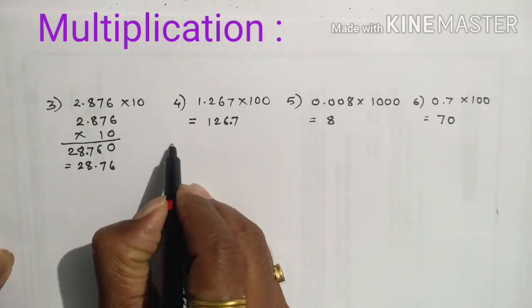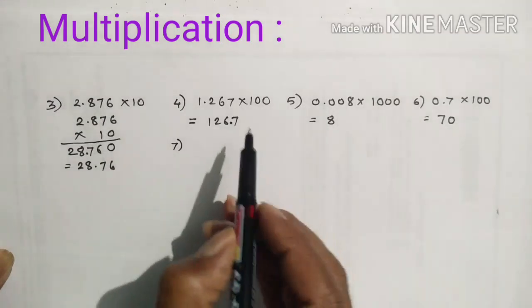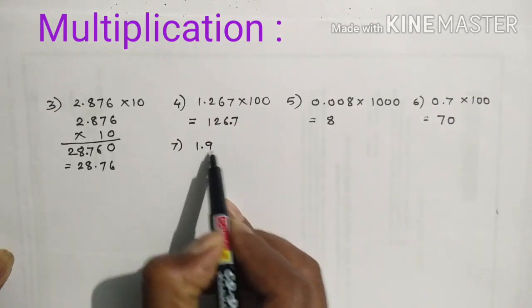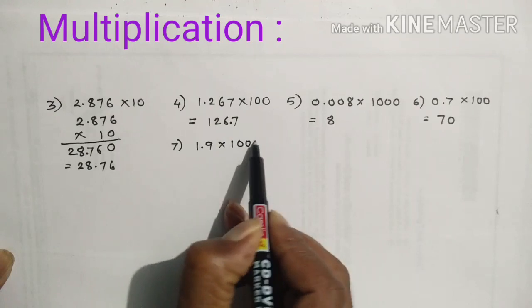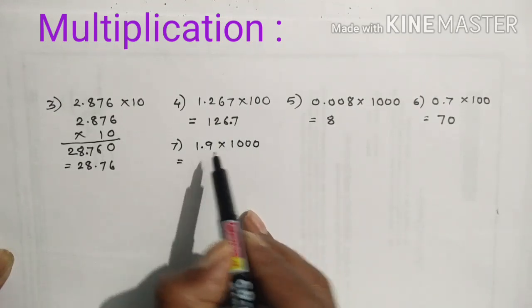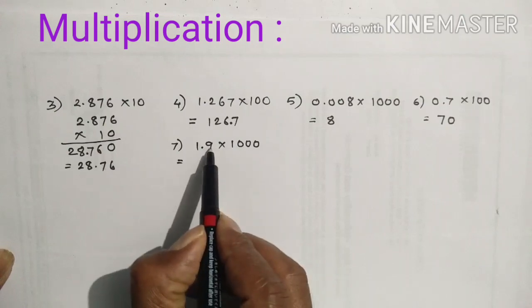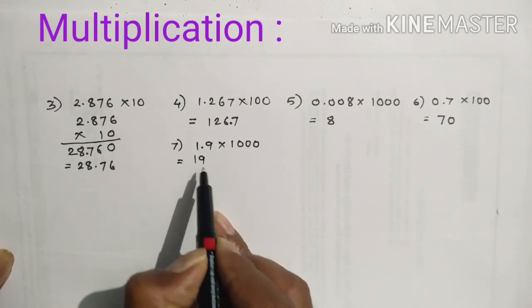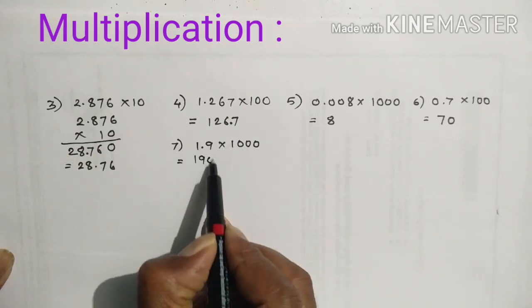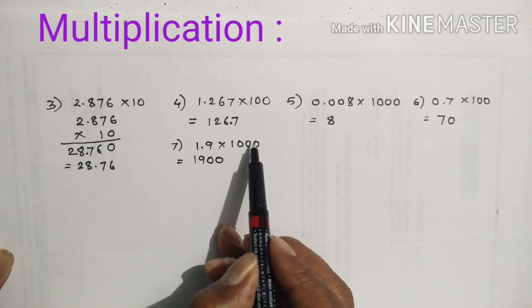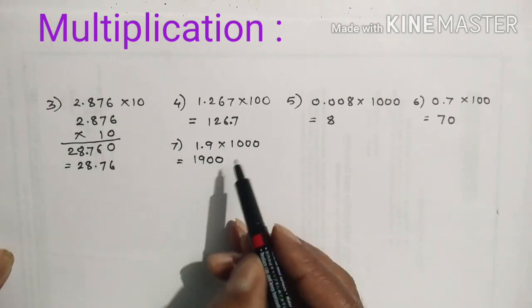Like this, let us take one more example, 1.9 multiplied by 1000. Three zeros means we have to jump three times. For the first, only 9 is given, and for the remaining 2 we have to take two zeros. So 1.9 multiplied by 1000 is 1900.